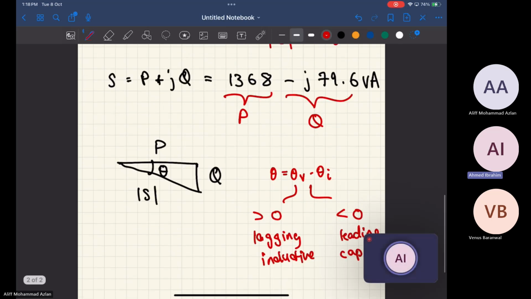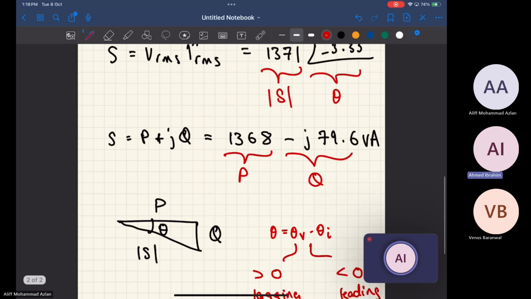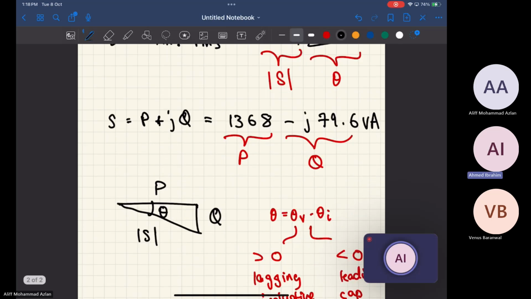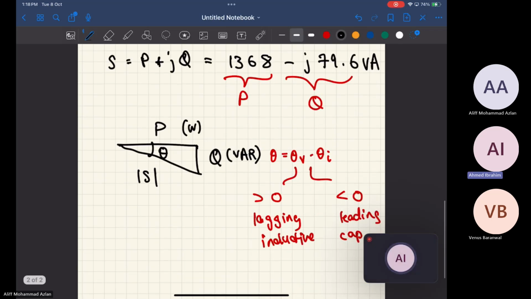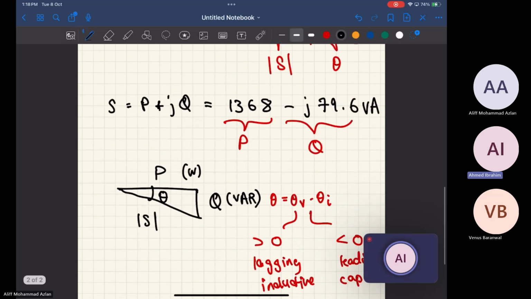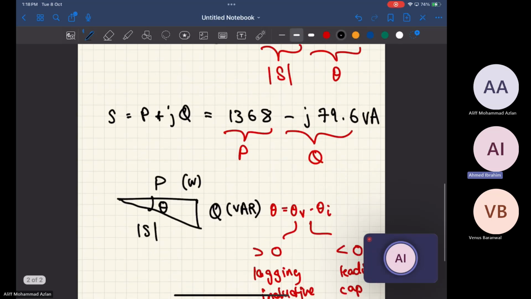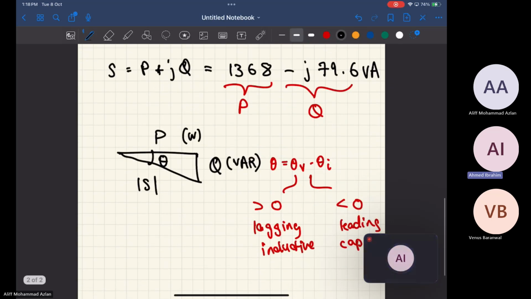So in this case, it's less than 0, so we draw it downwards. When sketching it, just make sure you add the units for everything and the values, so power is going to be in watts, here's volt ampere reactive, and the magnitude of S is just volt amperes. All right, so that was part 2.